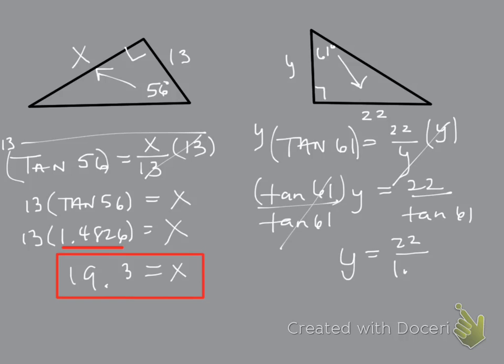So 1.8040 is our tangent. Okay, again, your textbook will help you with that if you need it. And then I'm just going to do 22 divided by that, and I'm going to get 12.2. So y is equal to 12.2.